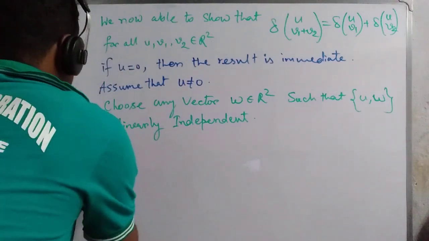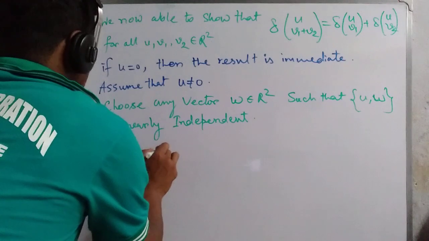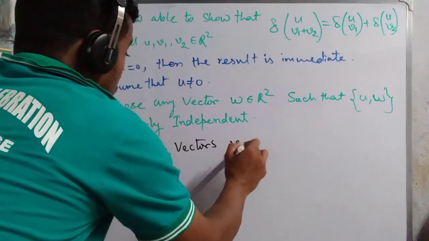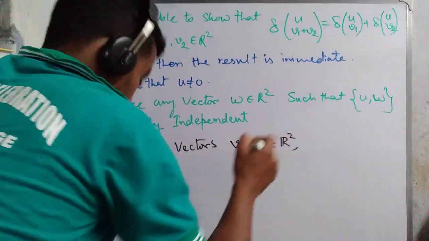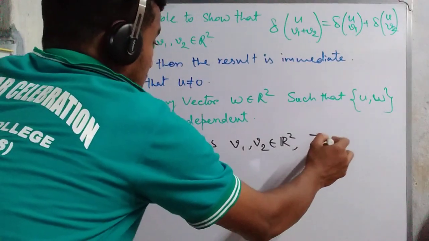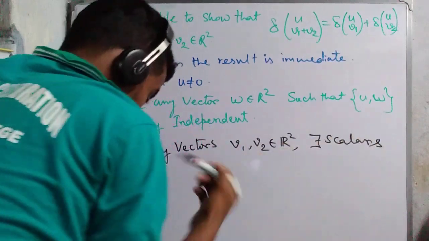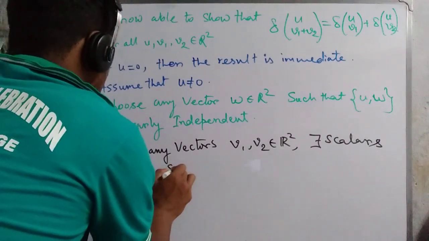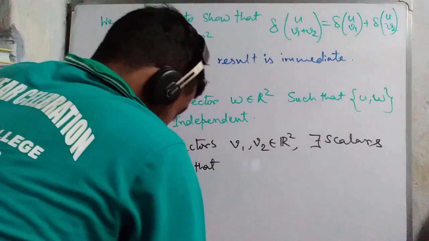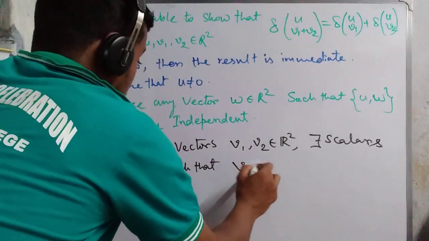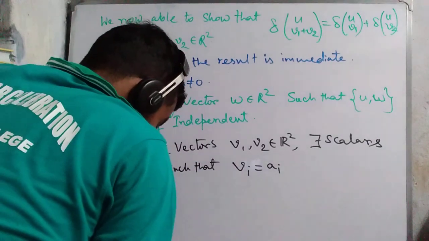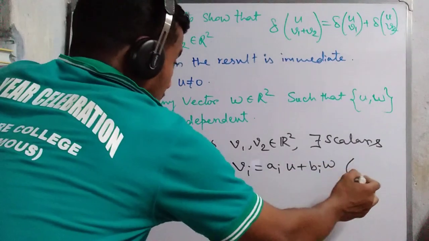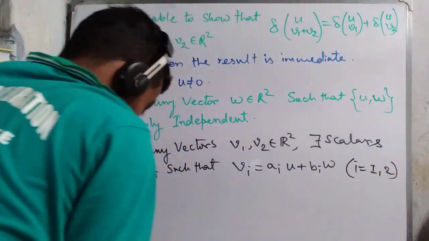Then for any vectors v1, v2 belongs to R square, there exist scalars ai and bi such that vi equals ai u plus bi w, understood? Where i equals 1, 2.